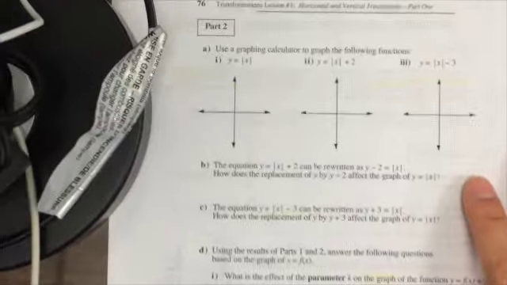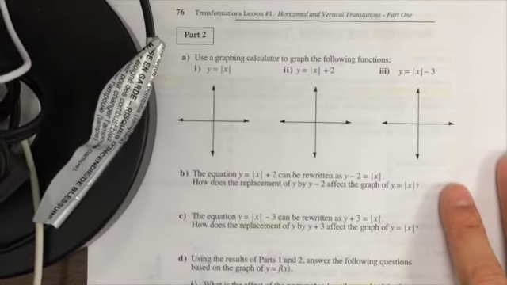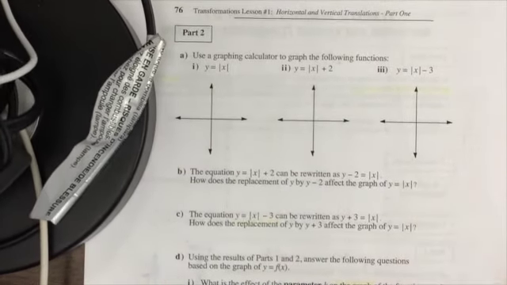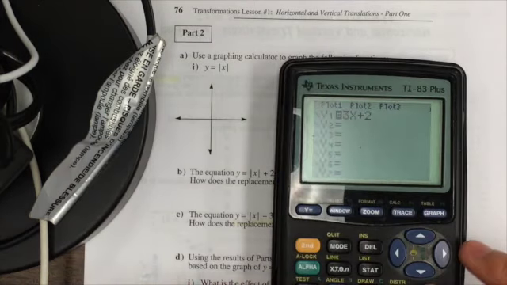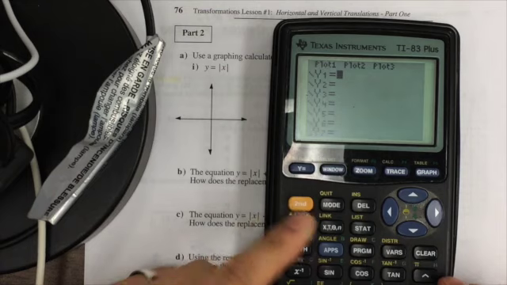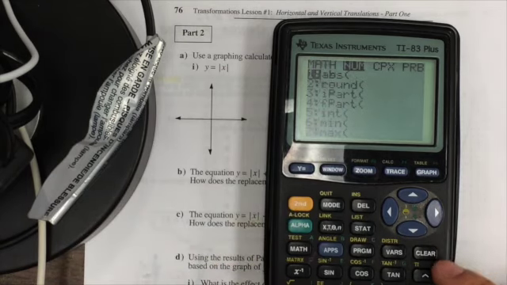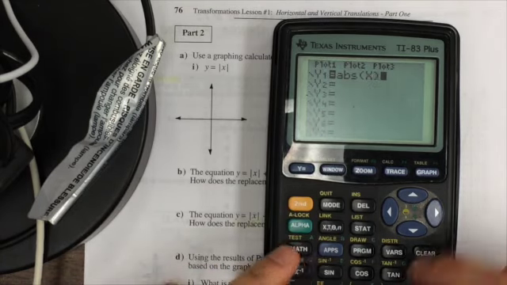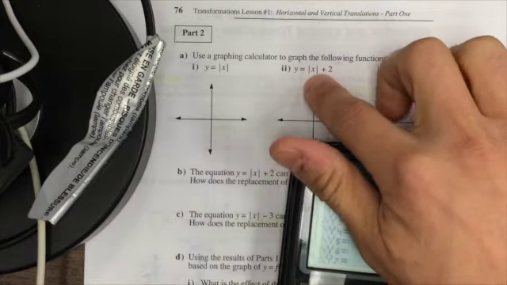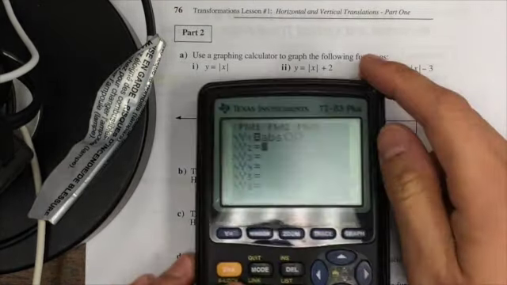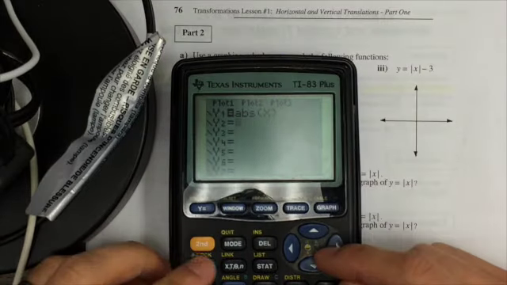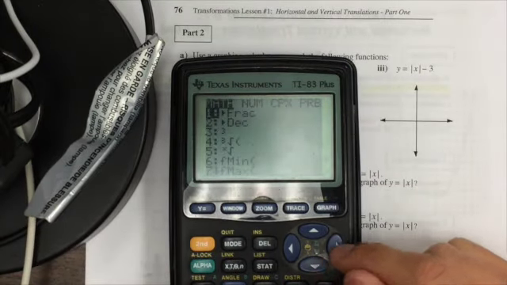All right, so for this question, they want us to use a graphing calculator to graph the following functions. The first function is the absolute value of x. And the second function is the absolute value of x plus 2, and then x minus 3. What do you think is going to happen here?